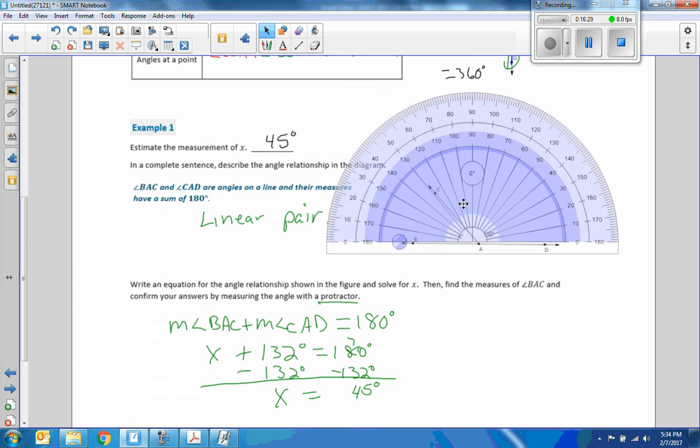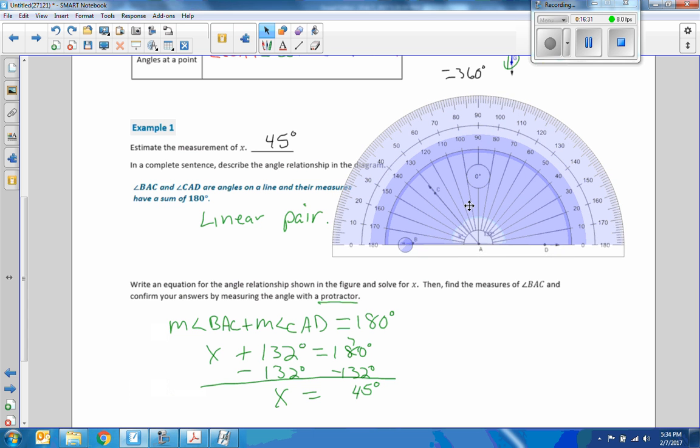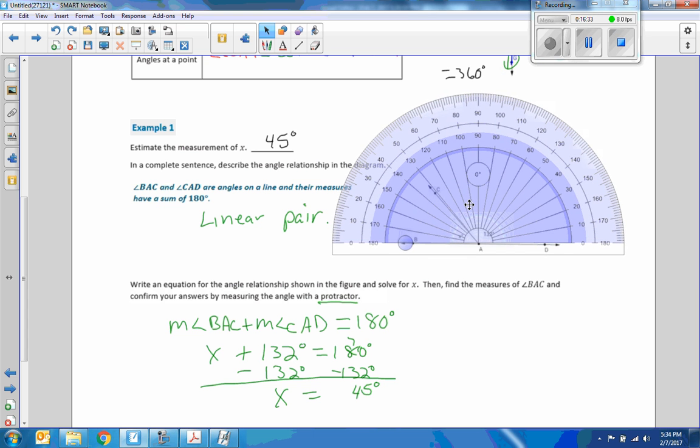If I put that protractor right here on that dot, and draw a line from here up, see there's my C right here. We have to continue up, and it would be 45 degrees.